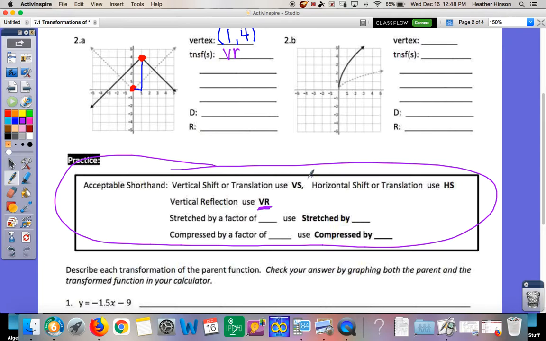For vertical shift or translation, we're going to use VS. For horizontal shift or translation, we're going to use HS. Instead of writing out the whole stretch by a factor of, you can just write stretched by and whatever the number is. And instead of writing out compressed by a factor of, you can put compressed by whatever the number is. So use a little shorthand so you don't have to type so much.